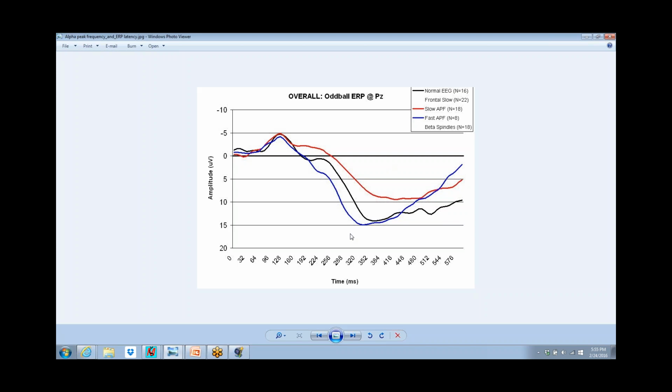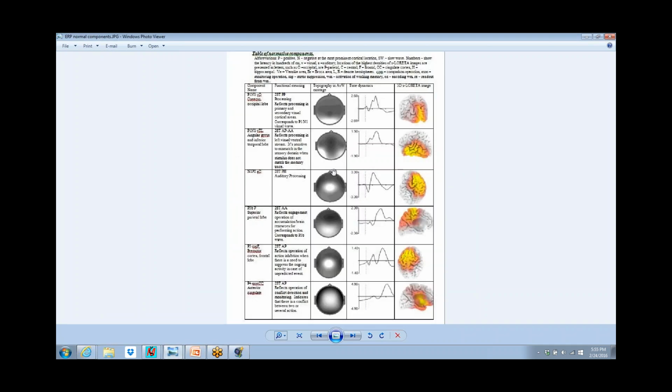And you can end up having ERP latency issues that end up being localized. When you start to actually look at the topographic distributions in the components, you can start to sometimes see a spatial shift. And if you have one auditory cortex that's at a different frequency, you end up with spatial distortion of the apparent generators.